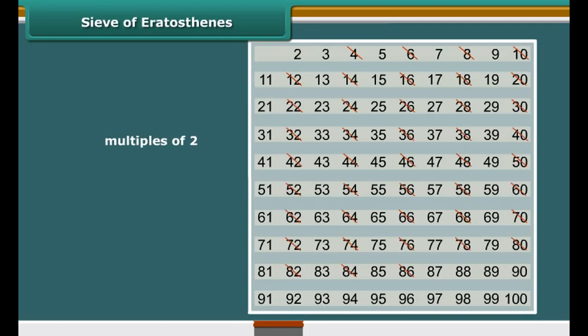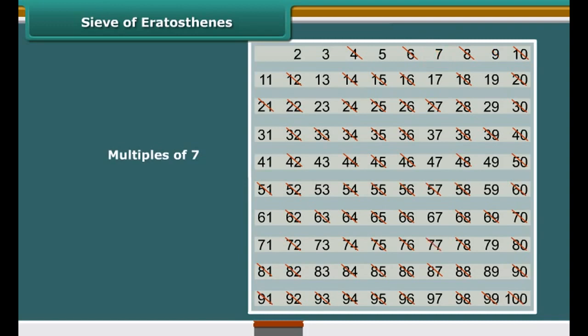Now you will find that the next uncrossed number is 3. Encircle 3 and cross out all the multiples of 3 other than 3 itself. The next uncrossed number is 5. Encircle 5 and cross out all the multiples of 5 other than 5 itself. The next uncrossed number is 7.